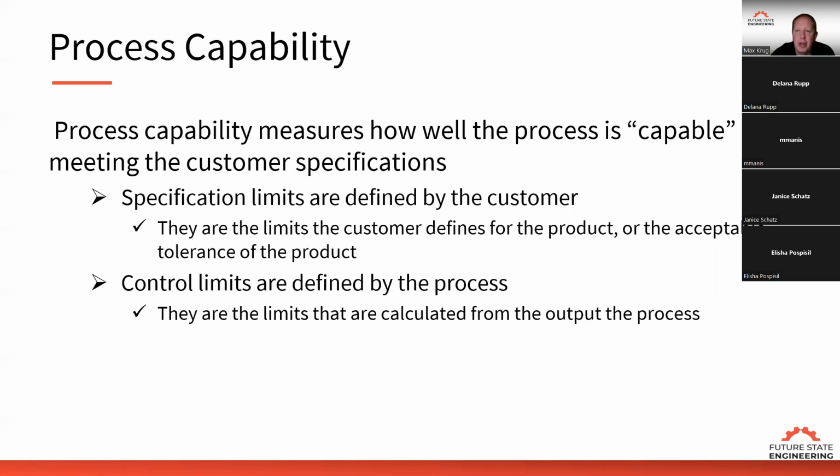I definitely don't want to buy a can that's half full, right? So if I'm going to pay for a full 12-ounce can, I want a full 12 ounces, right? So what's my limit? Well, maybe 11 ounces is my limit. If the can is less than 11 ounces, I'm not going to buy it, right? That's my specification limit that I'm defining of what's acceptable to me and what's not acceptable.